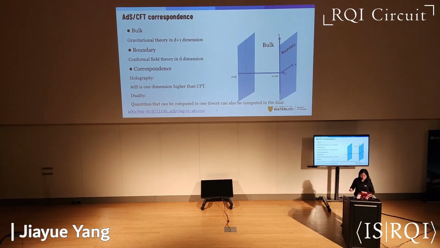And the quantities that can be computed in one theory can also be computed in the dual theory. A famous example of this correspondence is the holographic entanglement entropy, saying that the entanglement entropy of a subsystem living on the boundary is dual to the area of some extremal surface in the bulk.